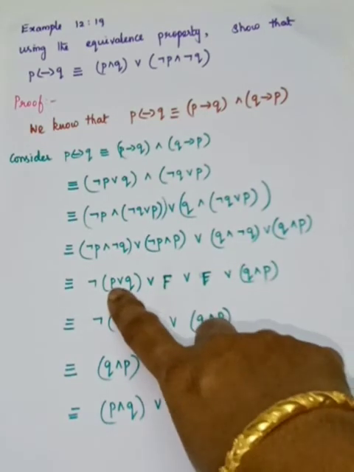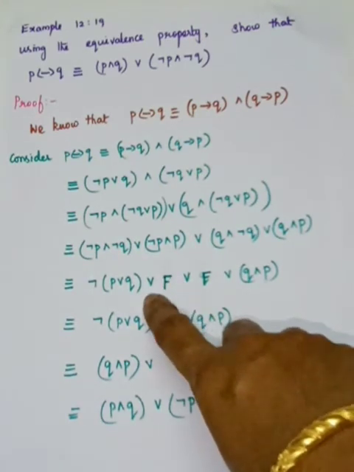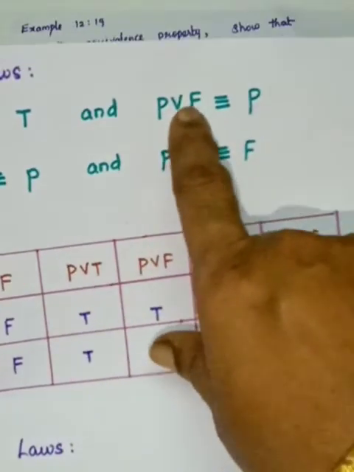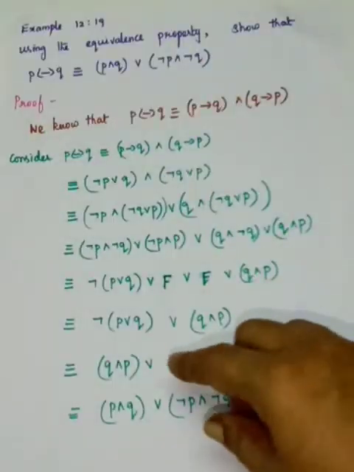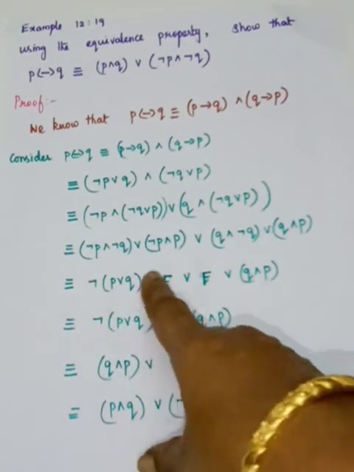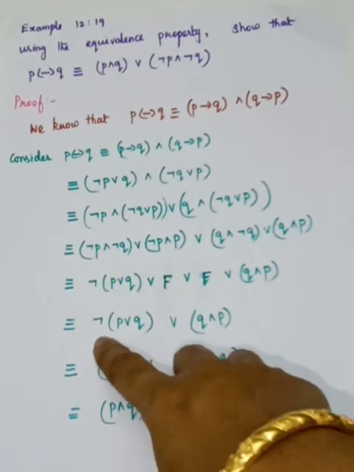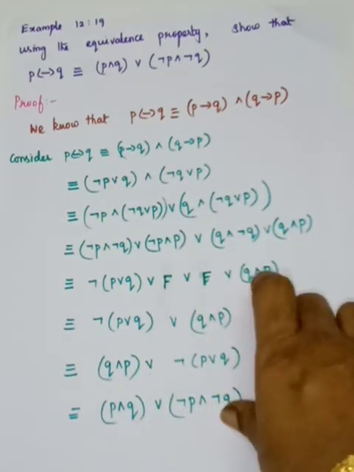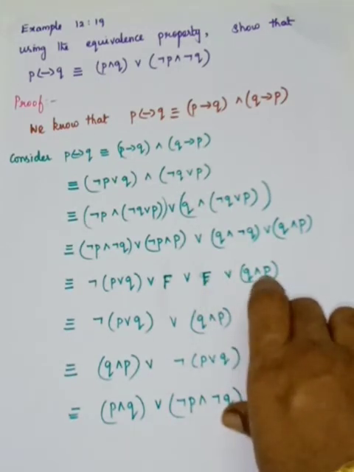Okay, so see that here or F, if it comes, you see that is P or F. So P or F, if it comes you have to write P. So this is your the statement, and or F means you have to write P. So negation of P or Q. In the same way, if you combine these two, the statement here what you are having, or F. So it depends on the statement.